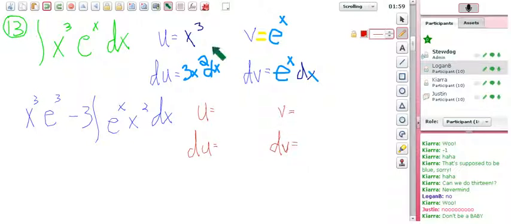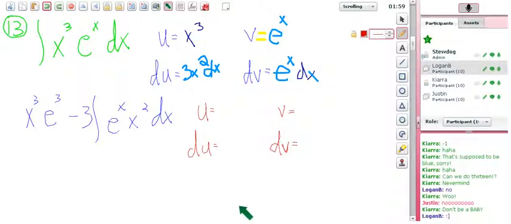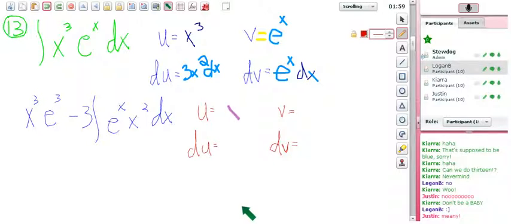So, since our first step was encouraging, what's u going to be? Right, x squared, and then du is 2x dx.